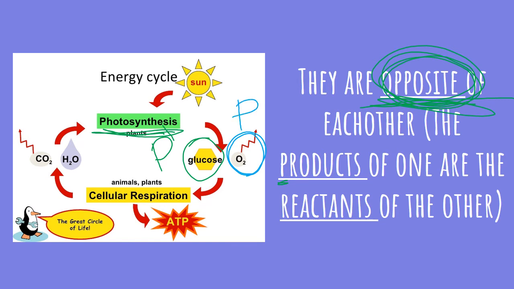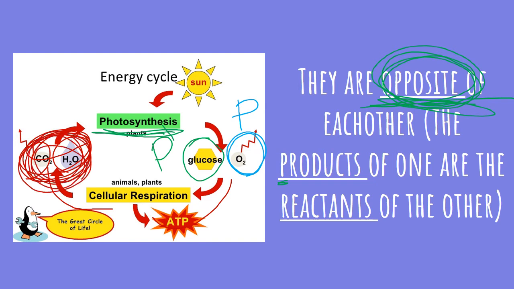It's the product. So these glucose and oxygen go into cellular respiration. Cellular respiration releases CO2 and H2O. Both of these are the reactants of photosynthesis.